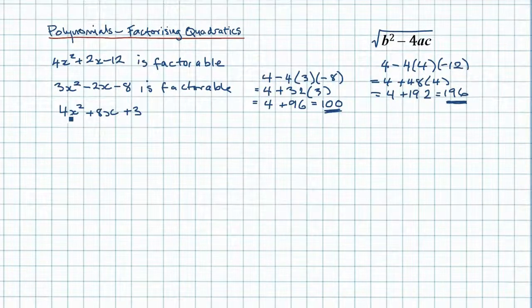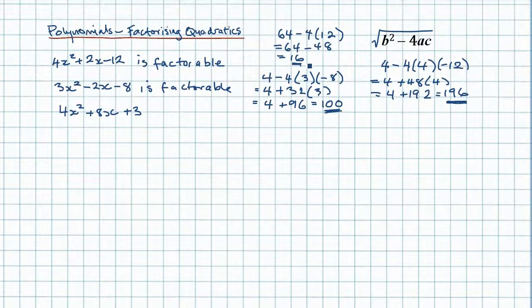And now we subtract 4 times 4 times 3. So we've got, let's write it down, 64 minus 4 times 4 times 3, 12. Okay? And so now we've got 64, subtract 48, which is going to give us 16.